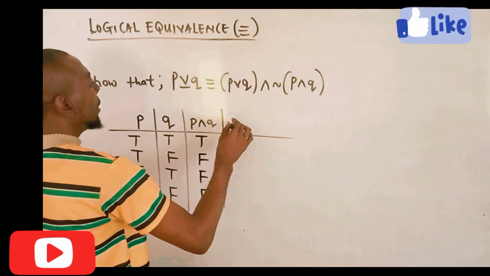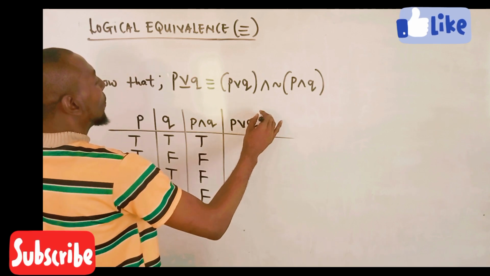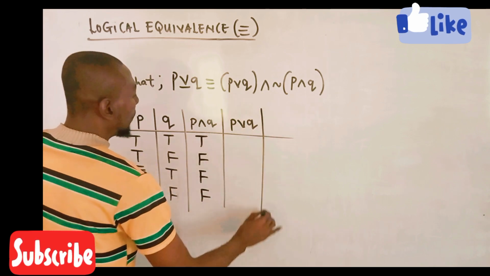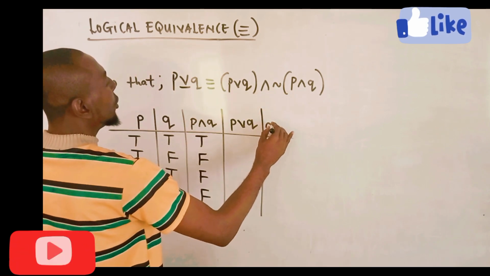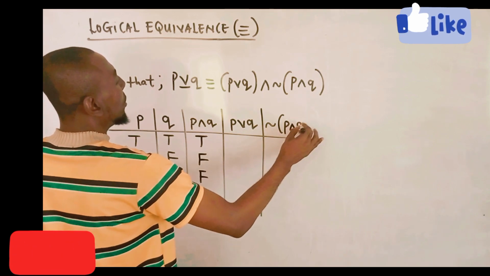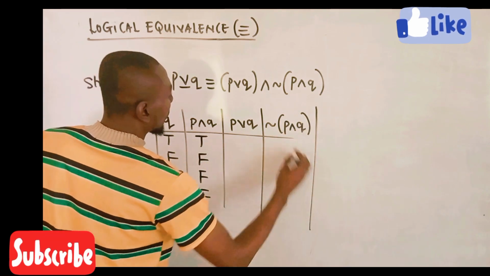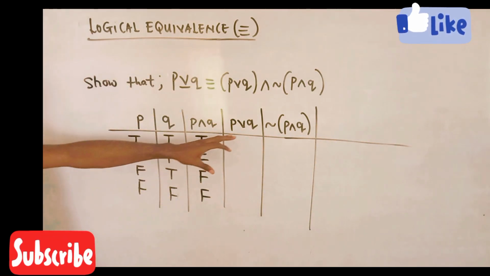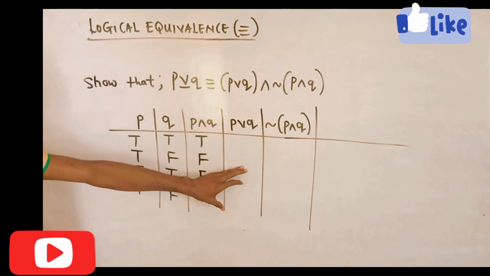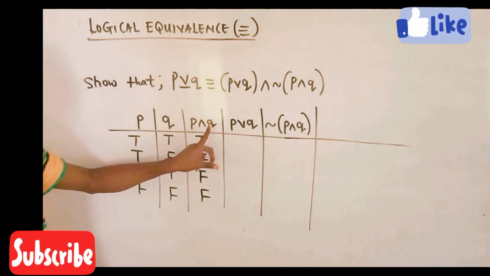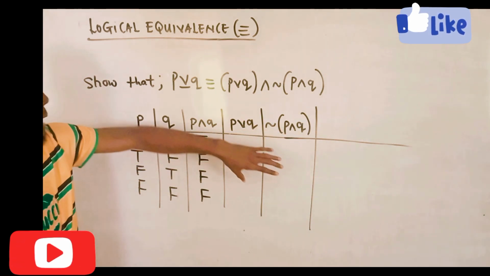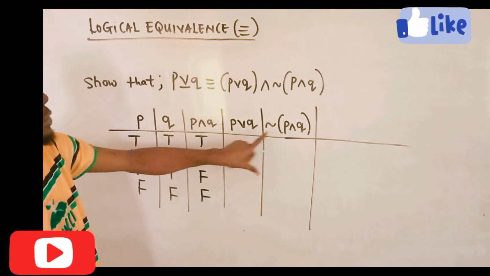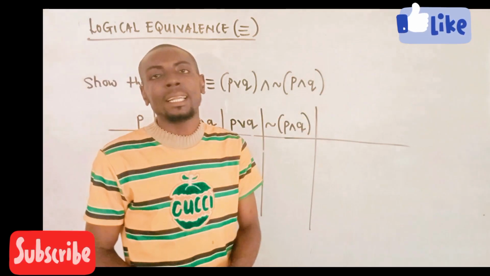So I need to get my P or Q, and then I can get my negation of P and Q. Having gotten this P or Q, and having negated P and Q, I can combine them so that it will appear at the last column.